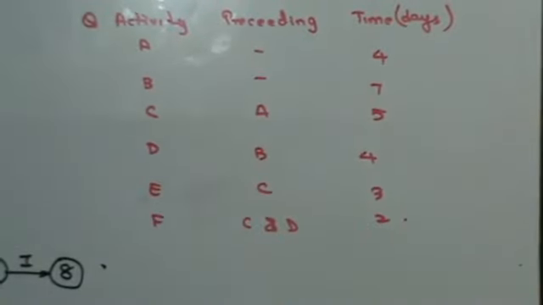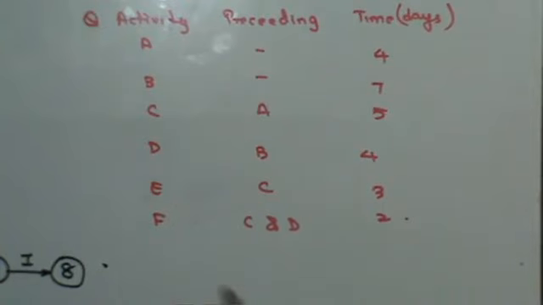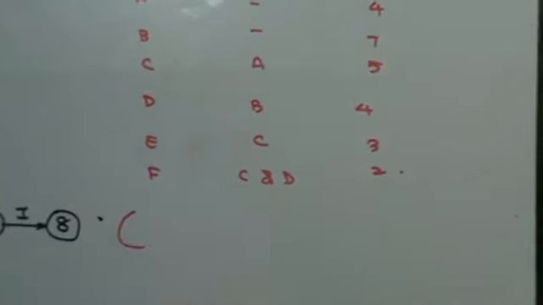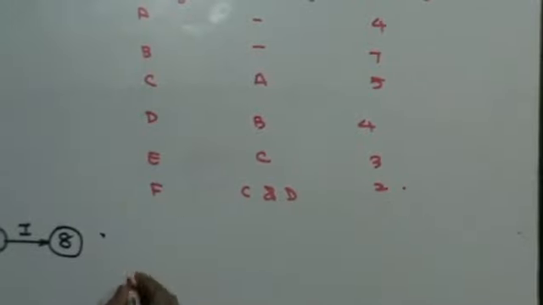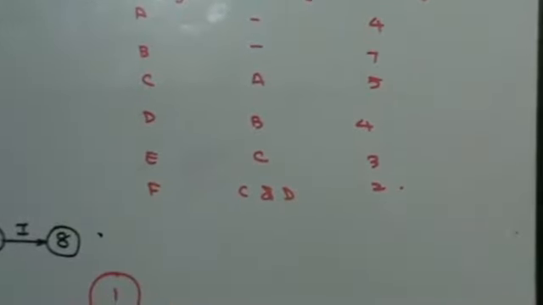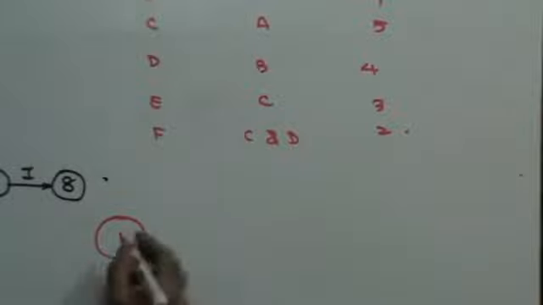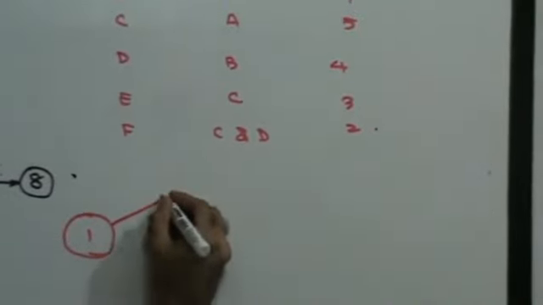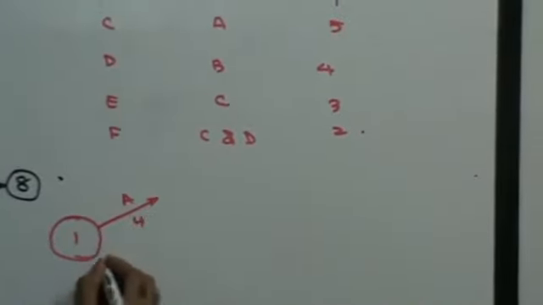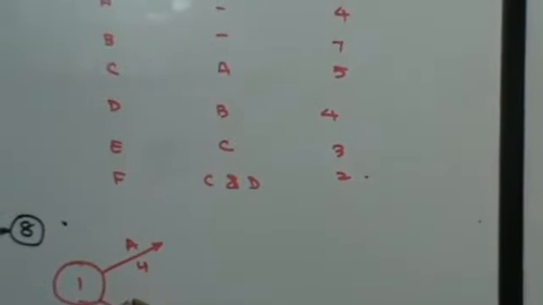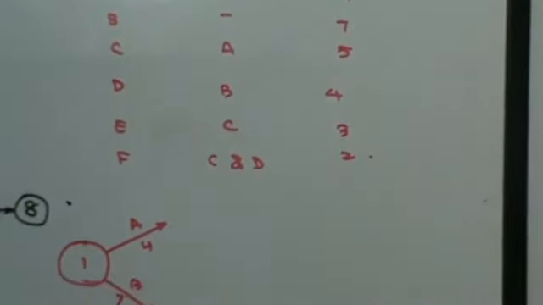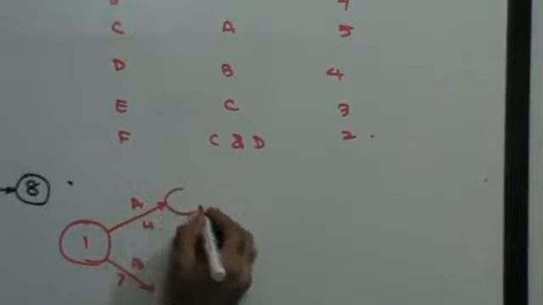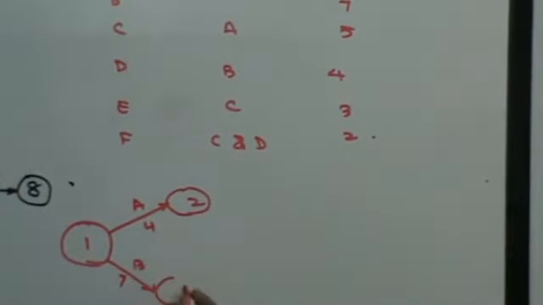Let's try to draw the network diagram for this, guys. Event 1, right? Now you have activity A coming out from here, which is for 4 days. You have activity B coming out from here, which is for 7 days. This will give you event 2 and event 3.